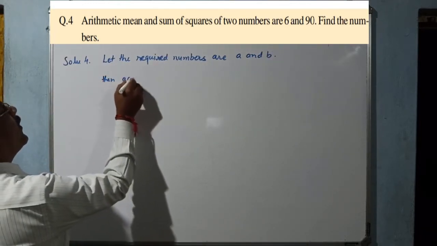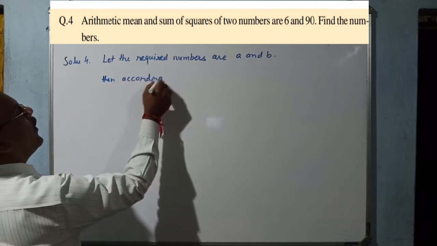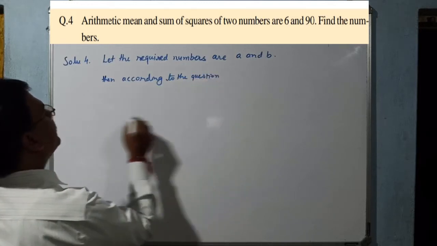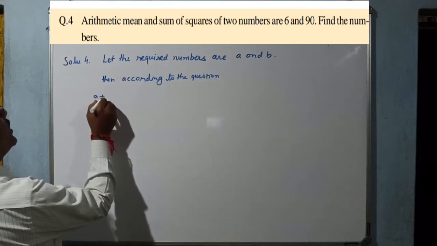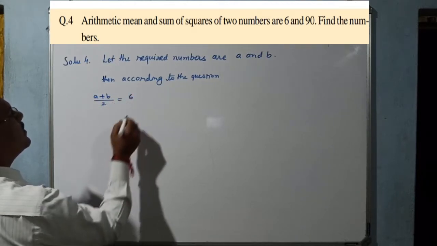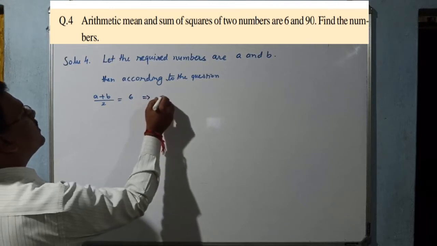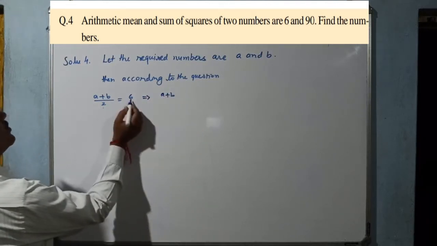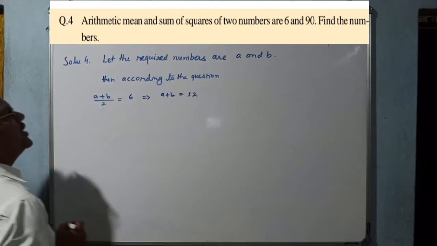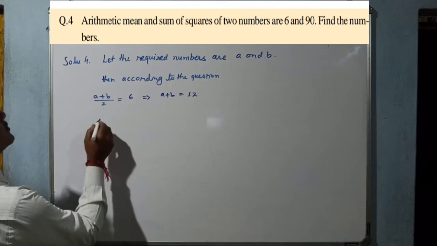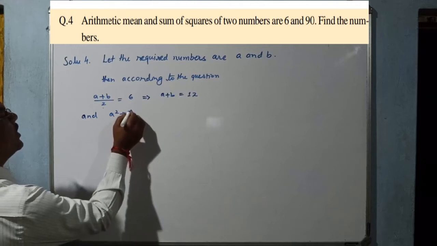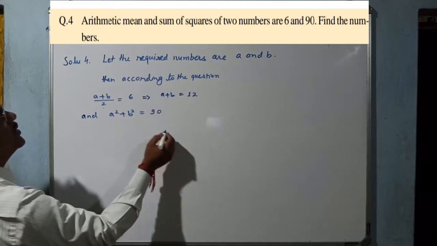Then, according to the question, (a plus b) upon 2 is equal to 6, which implies a plus b equals 2 multiplied by 6, which is 12, equation 1. And a square plus b square is equal to 90, equation 2.